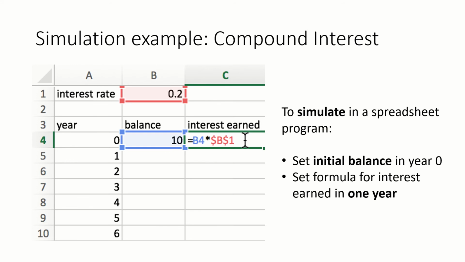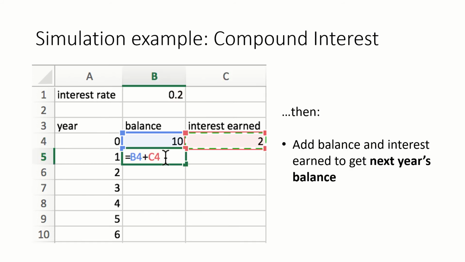Because it says that, okay, you copied down, and I recognize that you set a 4 in row 4. Well, now you're in row 5, so I'm going to change all of the 4s to 5. I'm going to increase them the same amount that you increase the rows. But the $1 here tells it that I actually want this to be 1 everywhere, even if I copy down. And so that's why I've got this here, because I want that interest rate to stay, even as I copy this thing down. And so that's what we'll see here in this next step.